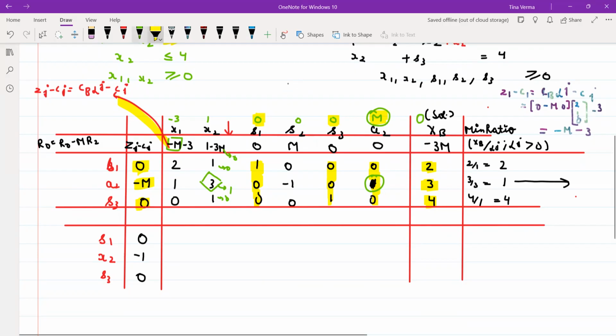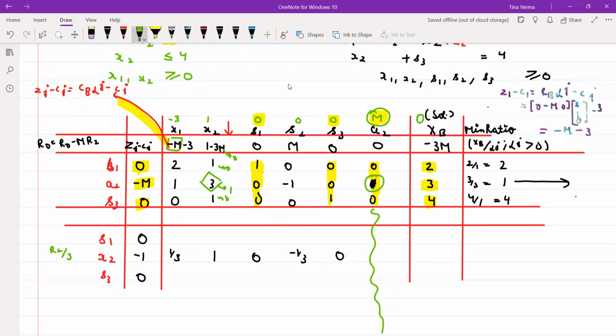So we have to make this element as 1. How can I make this element as 1? I have to divide the second row by 3. So it will be 1 by 3. It is 1. It is 0. It is -1 by 3. And it is 0. The main basic is, once your artificial variable leaves the basis, you will never let it enter again. तो आप चाहे इसकी एंट्रीज लिखो चाहे नहीं, it does not affect your table.